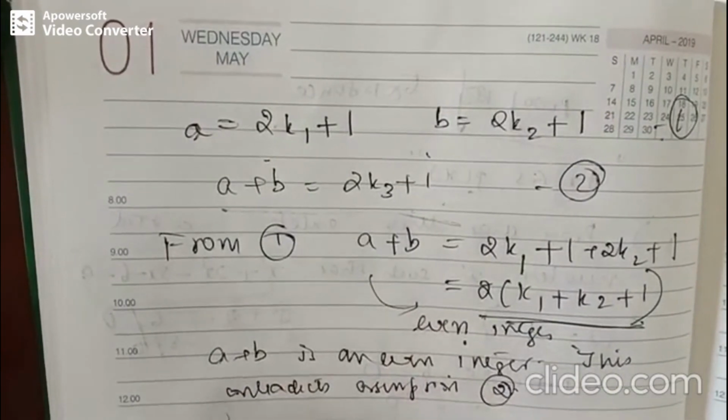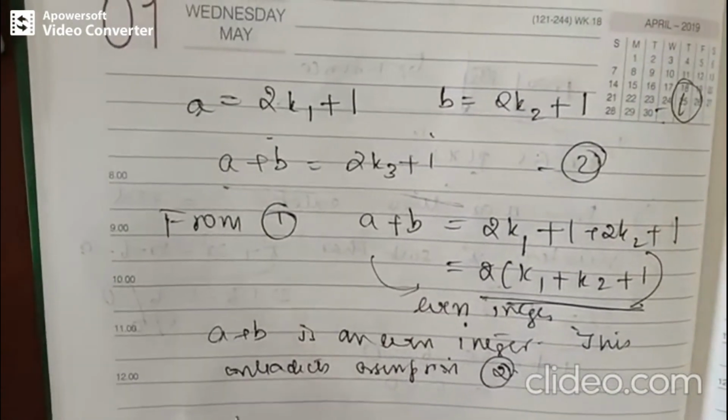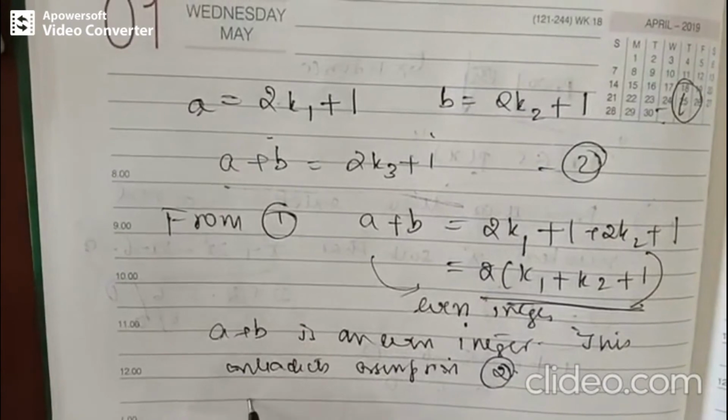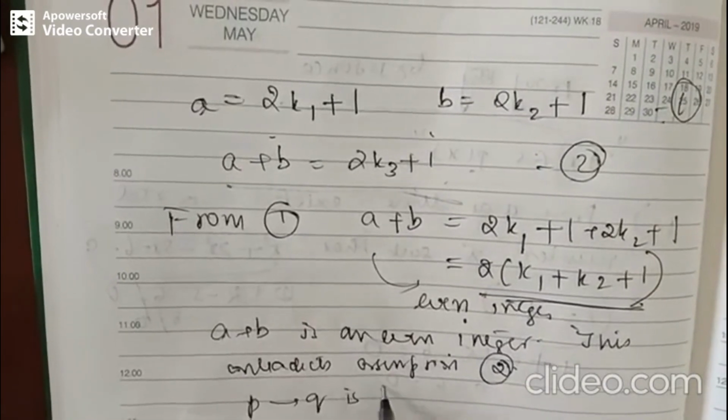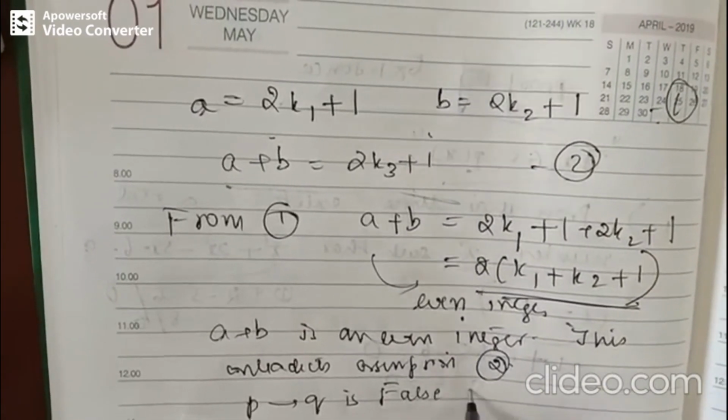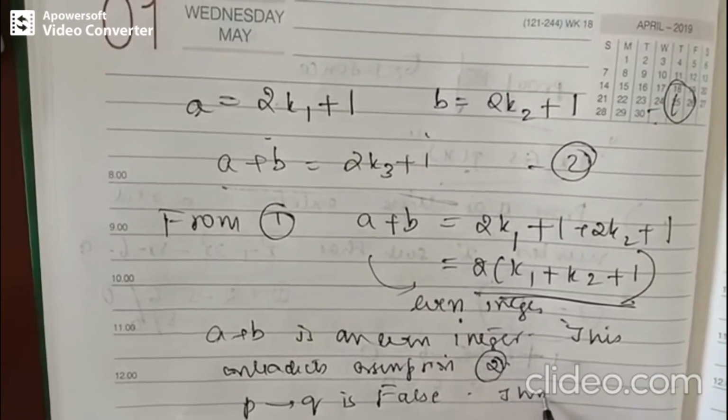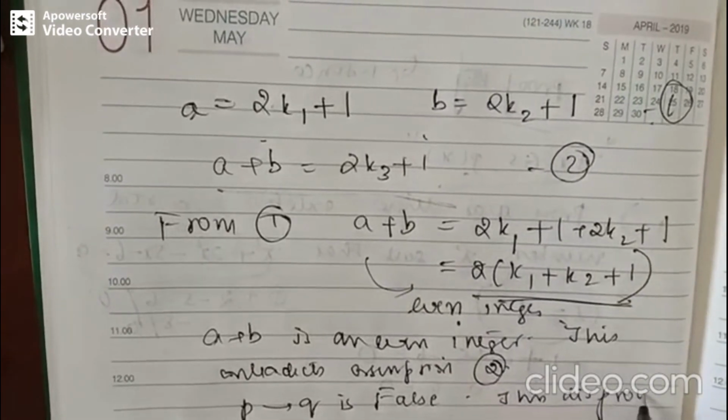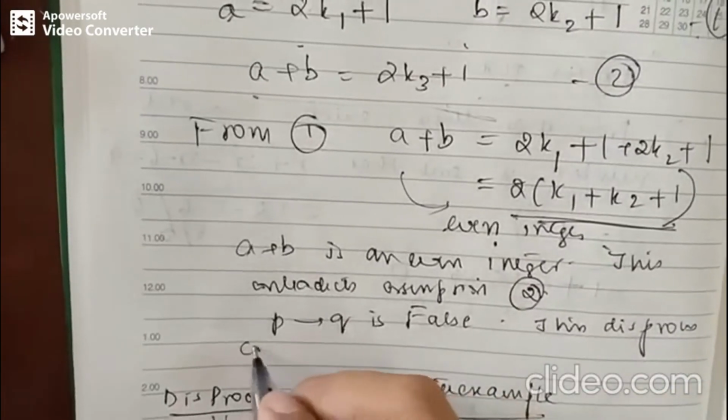In view of this contradiction, we can infer that P implies Q is false. So this disproves the conditional.